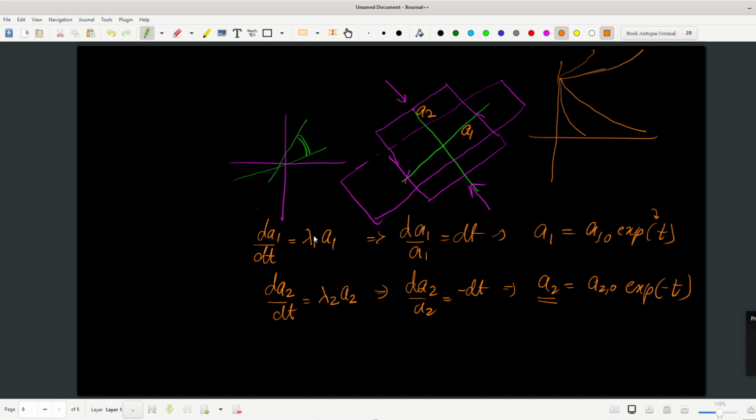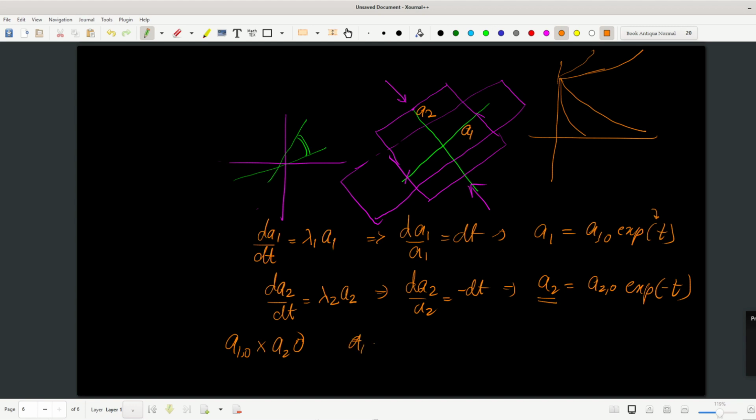But in this particular case, what is something else peculiar that you see? So initially the area was a1 0 multiplied by a2 0. The initial area of the square, if you may, that was a1 0 into a2 0. So let me multiply these two.